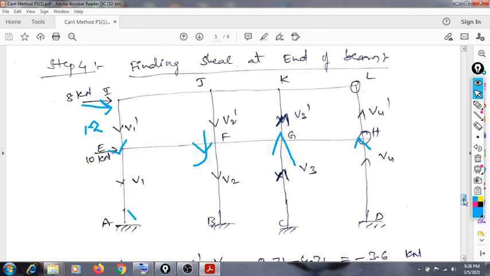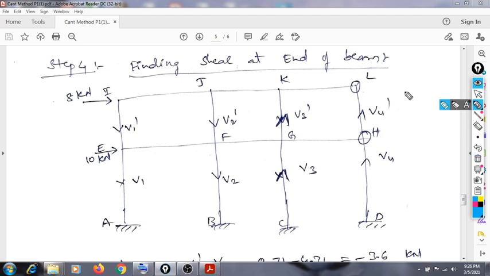Next we get finding shear at end of the column. As we are computing this problem in the cantilever method, this is a cantilever beam, and the shear force at the end of the cantilever beam will always be 0, provided there is no load at the end.